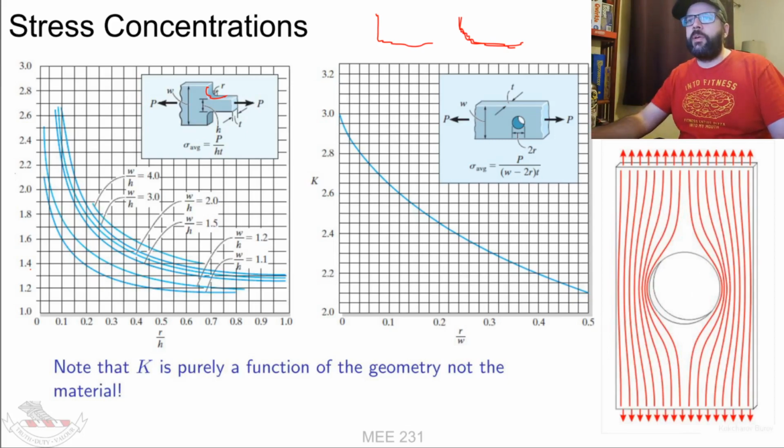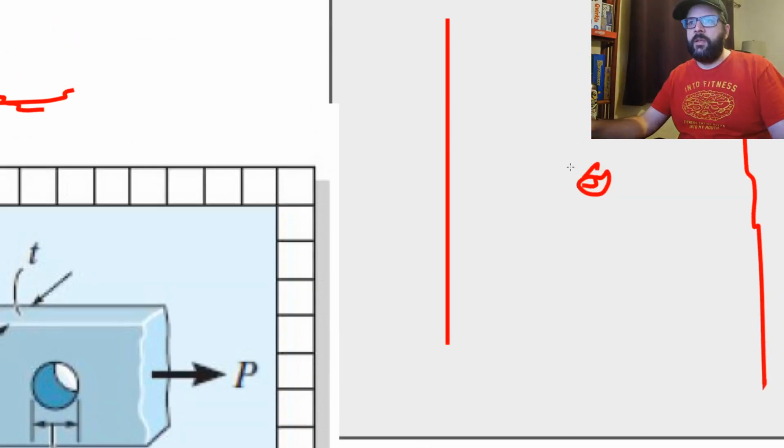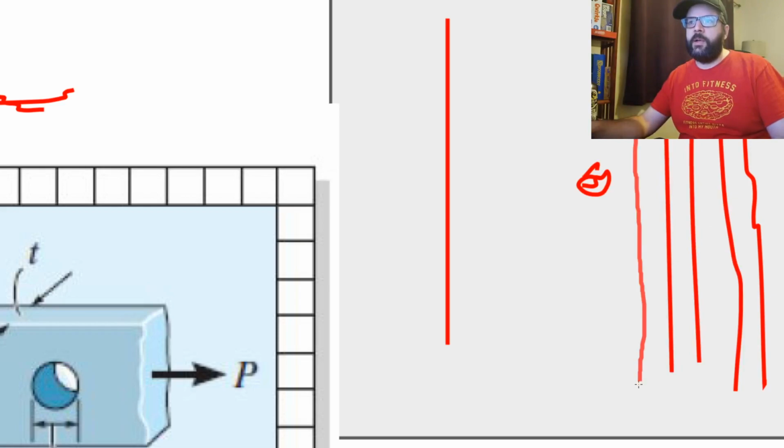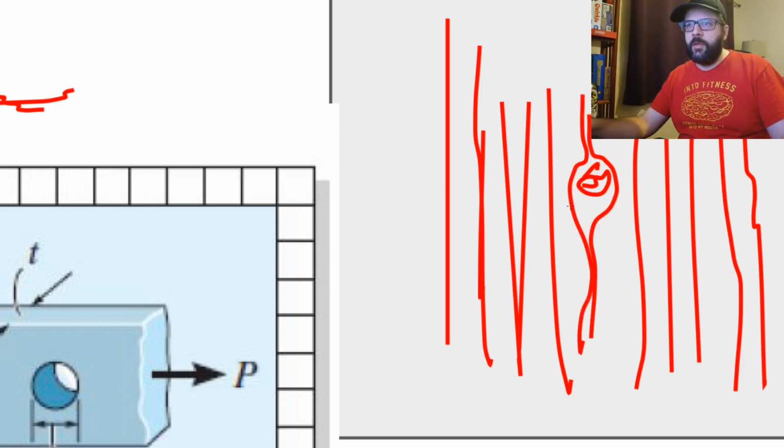Whereas if we were talking about a smaller hole, then essentially what would happen is that you get very little effect on the force lines out here, but very close to it you get a lot more abrupt bunching as we zoom in.